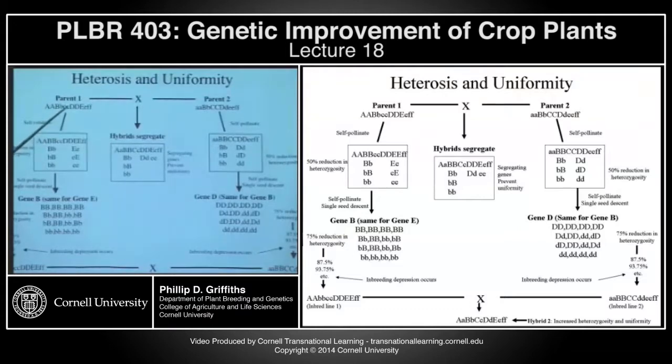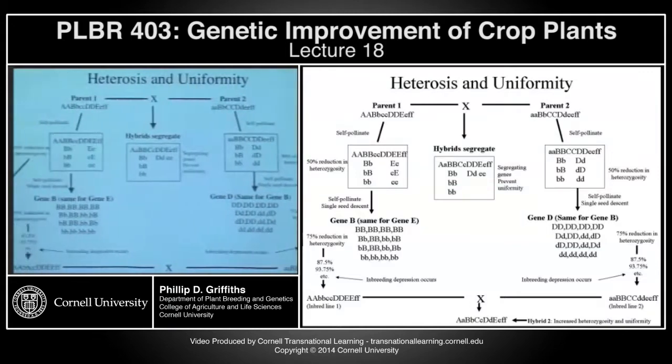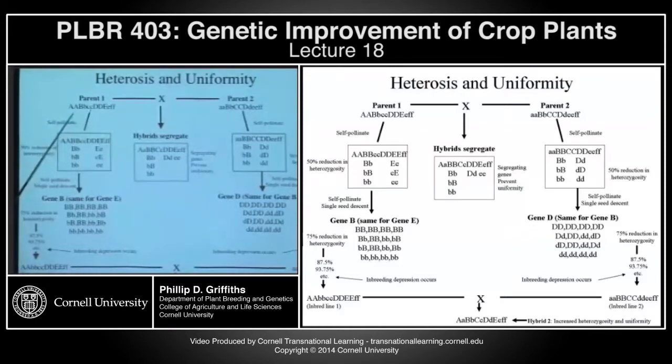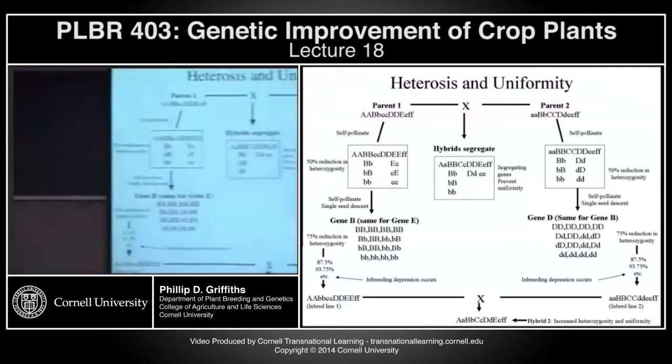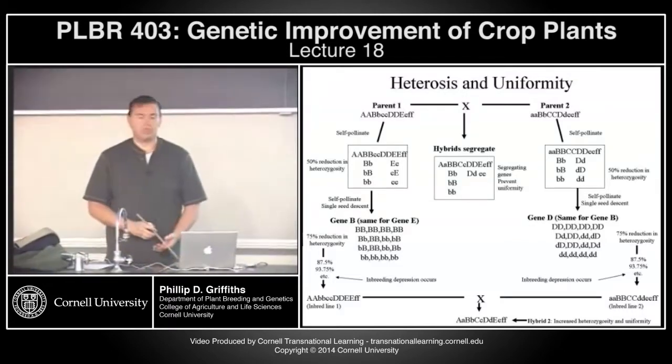Every time we self-pollinate a plant, we reduce the heterozygosity by 50%, because for a heterozygous gene such as Bb, when this plant is self-pollinated, half of the possibilities are going to be homozygous recessive and homozygous dominant. So each time you self, the heterozygosity reduces by 50%.